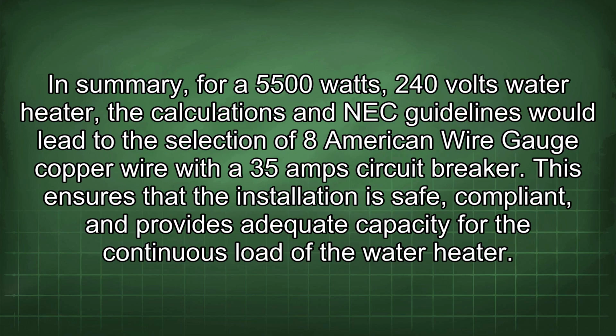In summary, for a 5,500 watts, 240 volts water heater, the calculations and NEC guidelines would lead to the selection of 8 American wire gauge copper wire with a 35 amp circuit breaker. This ensures that the installation is safe, compliant, and provides adequate capacity for the continuous load of the water heater.